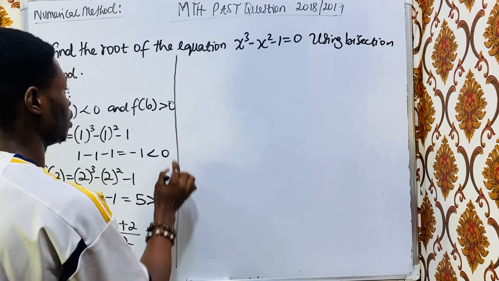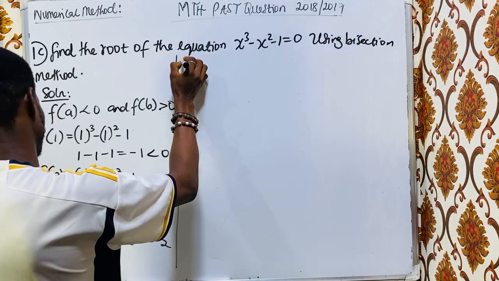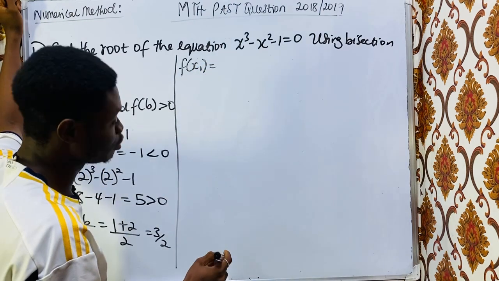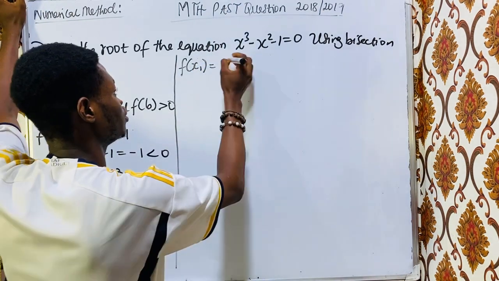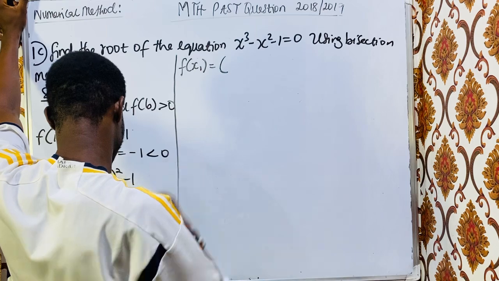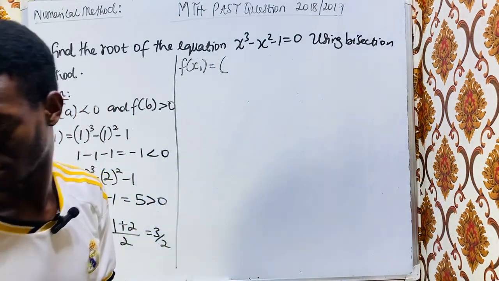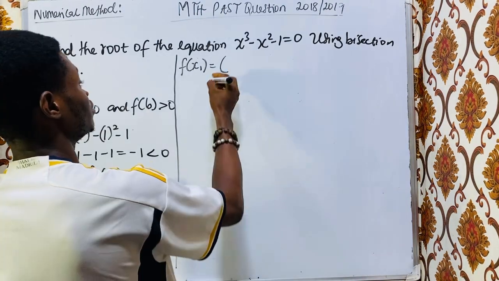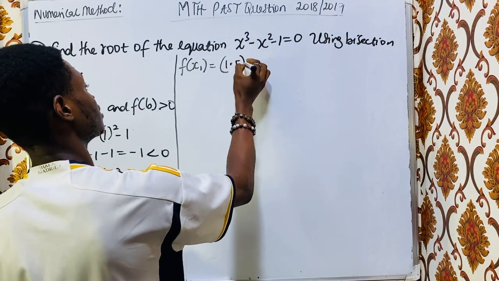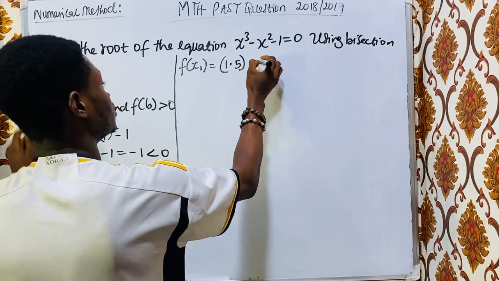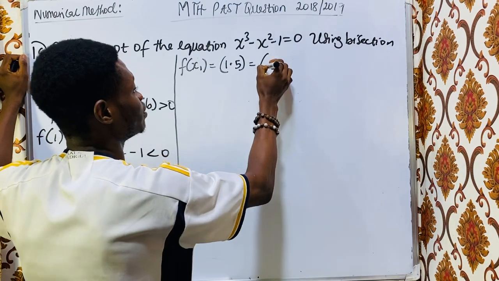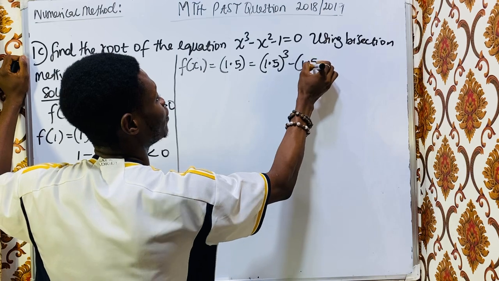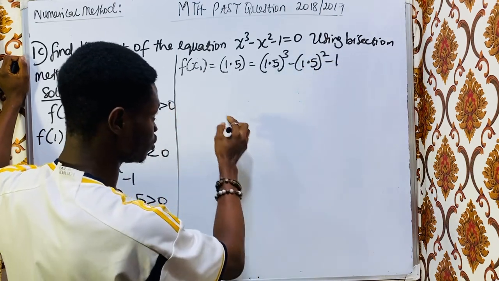Now we find f of x1, where x1 is 1.5. Anywhere we see x, we put 1.5. So 1.5 to the power of 3 minus 1.5 squared minus 1.